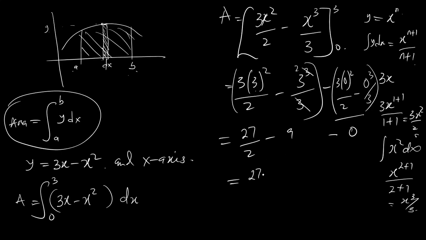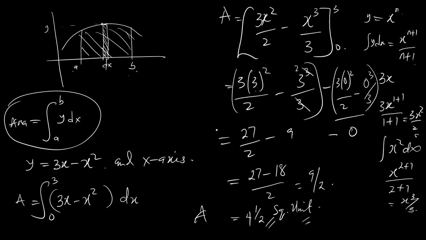So this is 27 minus 18 all over 2, which gives you 9 over 2. So the answer is 4 and 1 over 2. This is the area, in square units: 4.5 square units is the area under that curve.